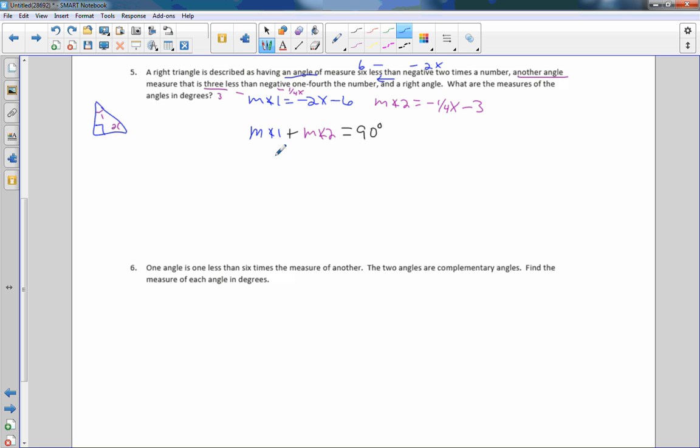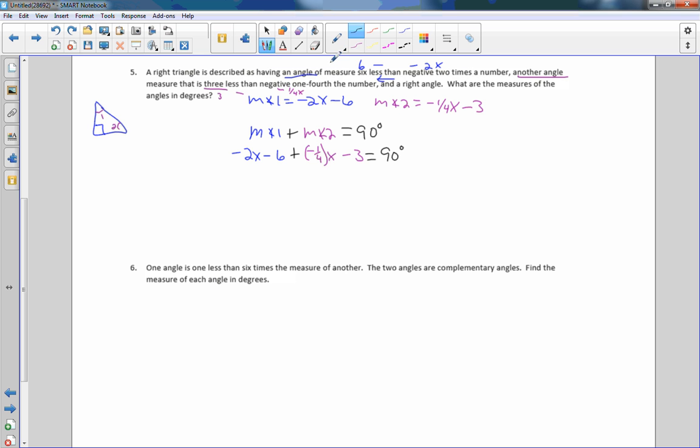The measure of angle 1 is negative 2x minus 6 plus negative 1/4 x minus 3 equals 90 degrees. I put a parentheses here, minus sign, because of the double signs here.